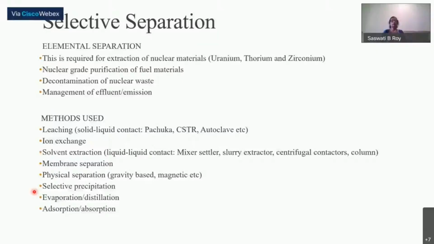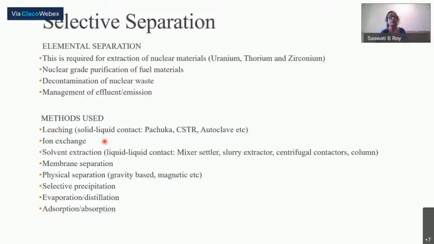Then for the back end, we have to do fuel reprocessing, decontaminate our waste, and manage our effluents. For those activities also, we need selective separation processes. The method specifically used, first, is leaching.